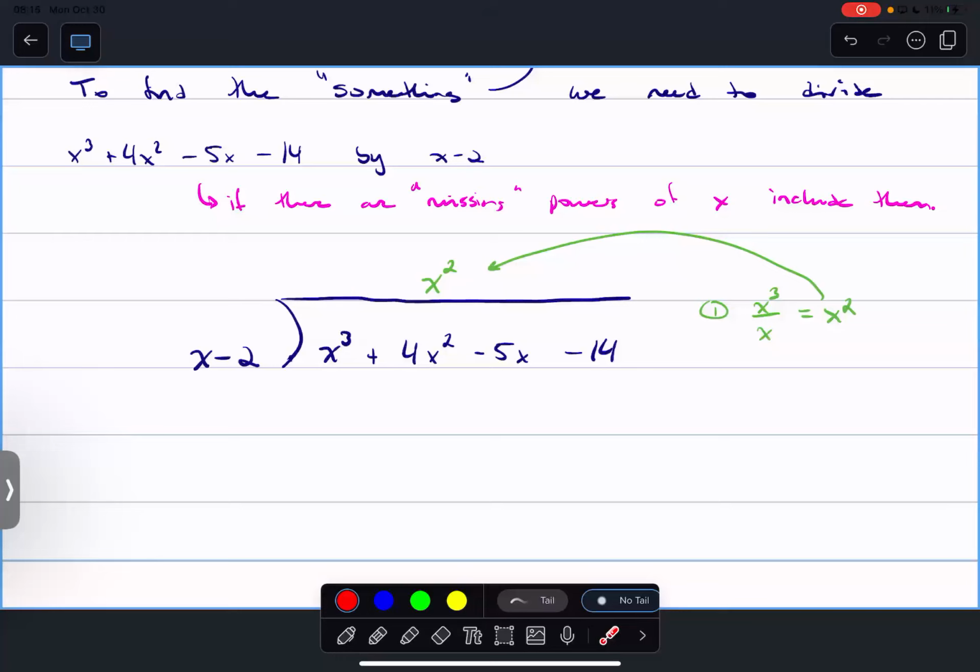Now we're going to take this x to the 2 and multiply it by x minus 2, and where you're going to put those is below here, keeping your powers stacked on top of each other because eventually we're going to subtract them. And so that was step 1.